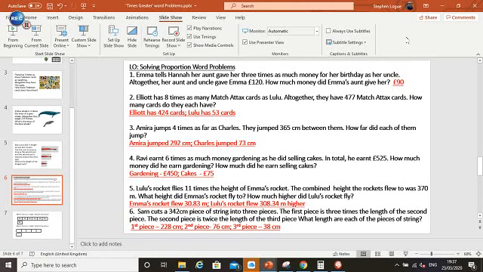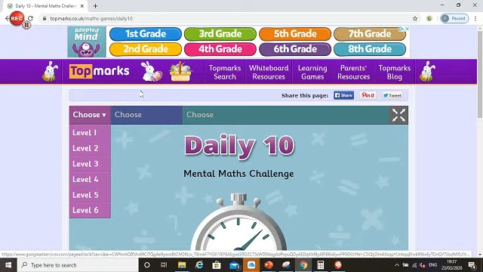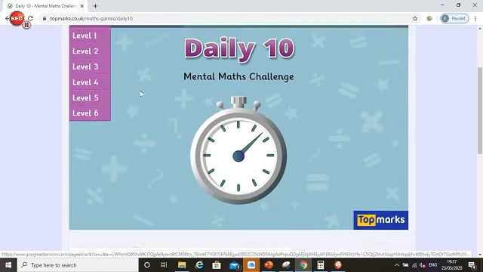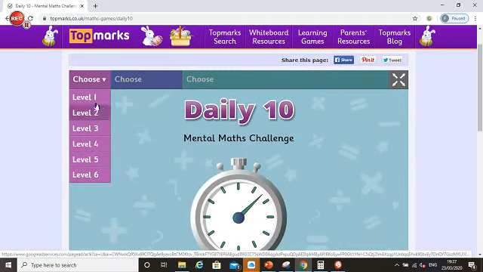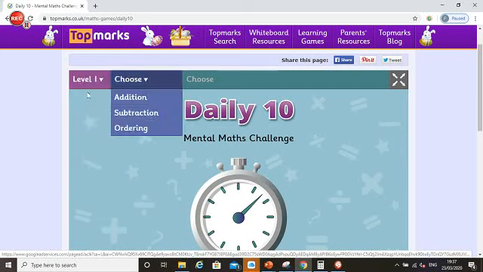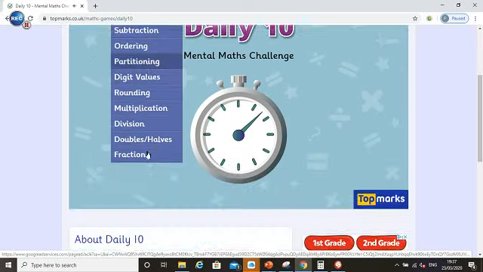Right, okay, before we go on to this new lesson, I thought I'd just remind you about Topmarks Maths. Really good site for lots of areas of maths. I really like the Daily 10 Mental Maths Challenge, just to keep different areas of maths fresh in the brain. It has different difficulty levels, and as you go up there are more areas of maths to look at.